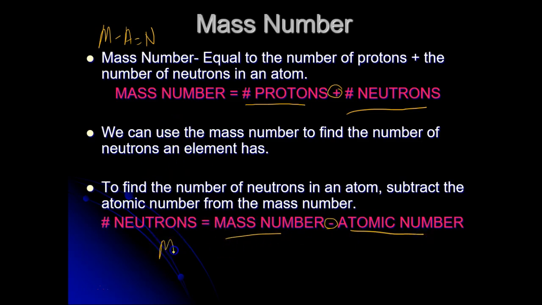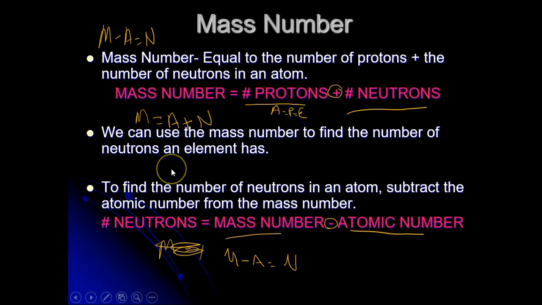This one, we change it to M equals, scratch that, M minus A equals N. Up here, you would have M equals A plus N. Because remember, the protons equal the electrons equals the atomic number. A equals P equals E. So that's why we can interchange the protons with the atomic number.